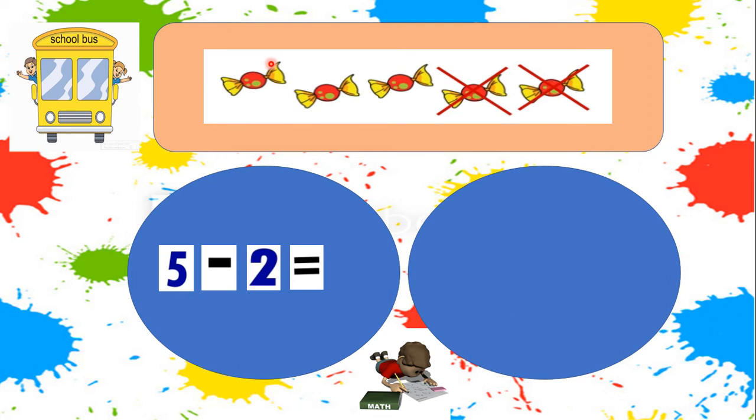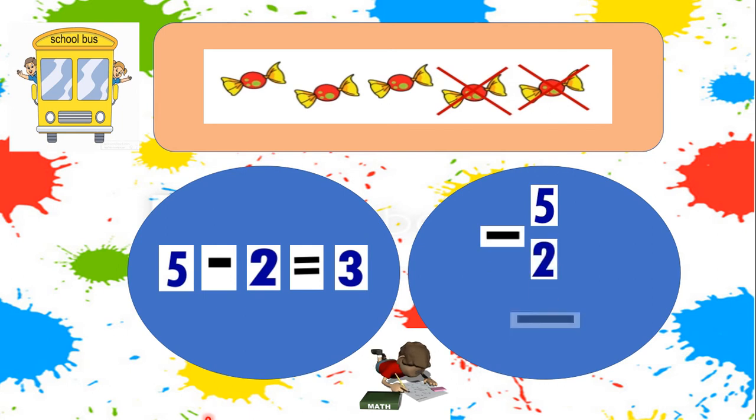Can you count with teacher? We have 1, 2, 3. So there are 3 candies left. We can also write this way: 5 minus 2 equals 3.